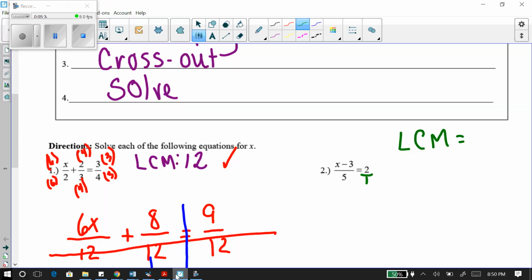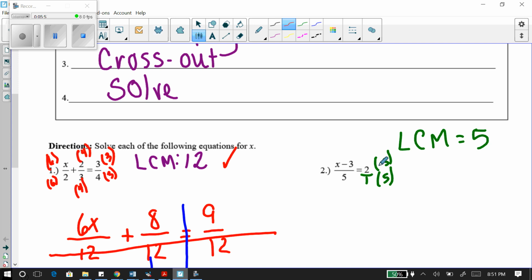And that's 5. Okay, so 5 times what gives me 5? 1. Now remember I said you can either multiply by 1, or if it's already the LCM, you can just leave it. 1 times 5 gives me 5.